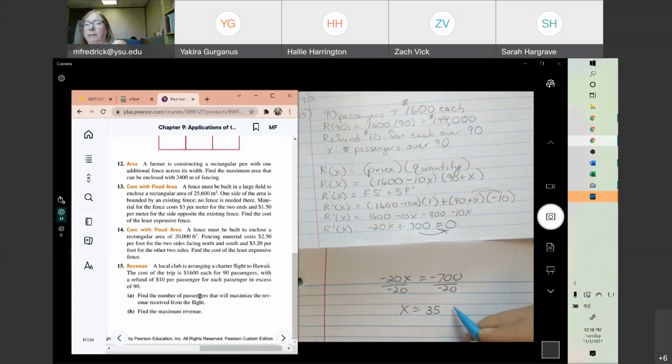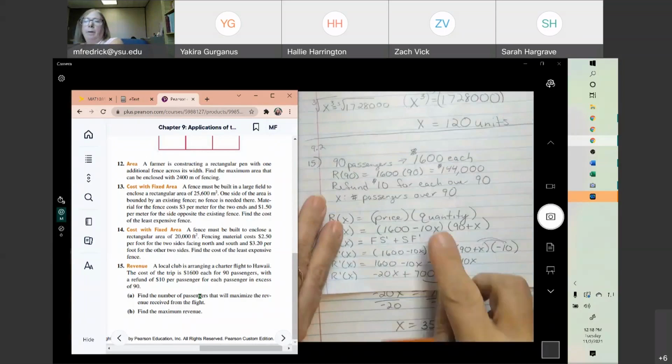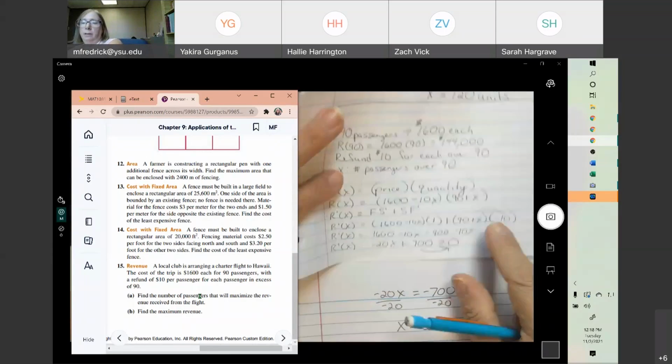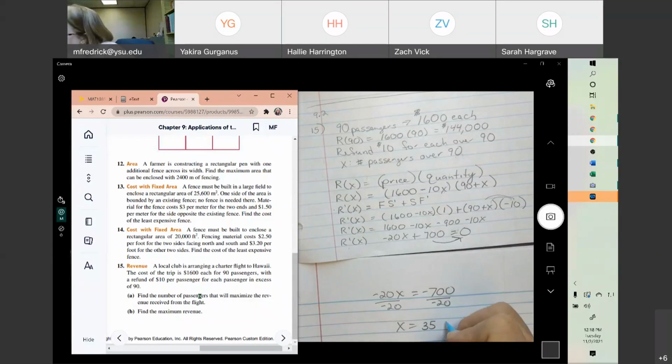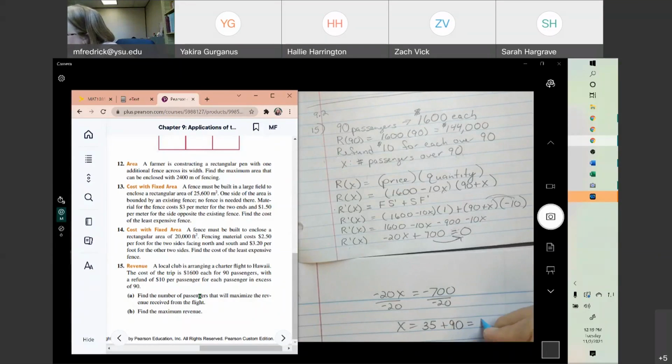Now remember, X is the number of tickets over 90. So 35, our quantity was 90 plus X. 35 plus the 90, 125 tickets.